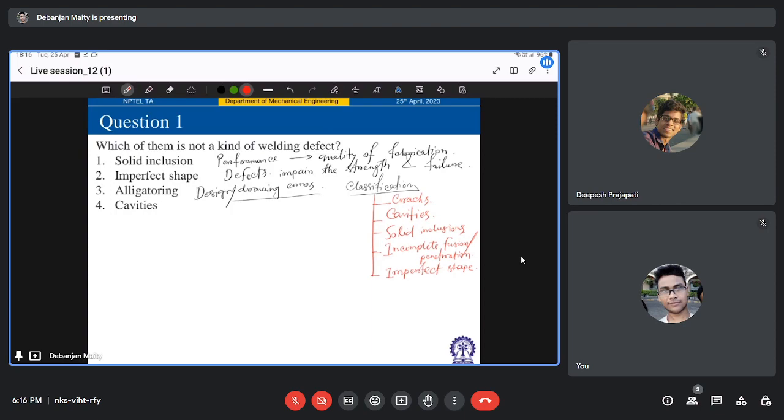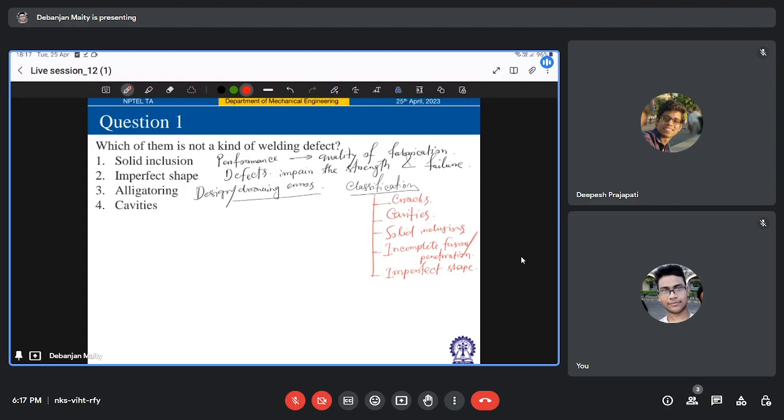Then you have cavities. Cavities are also a very important type of welding defect, because we have understood that during welding, cavities mainly occur because of high temperature.